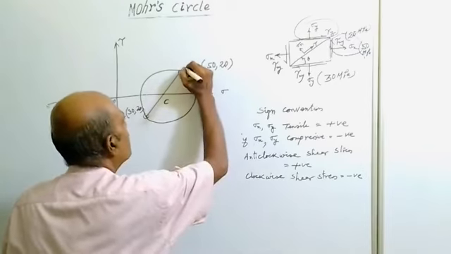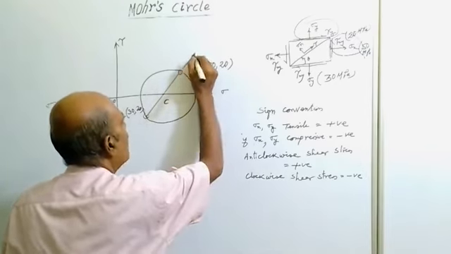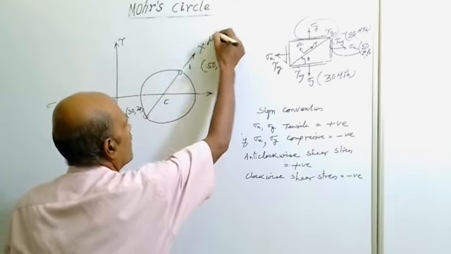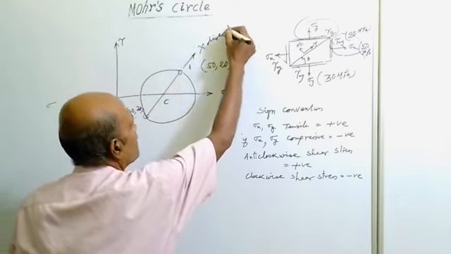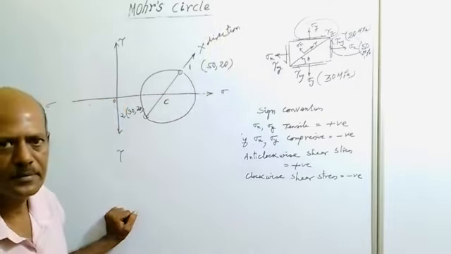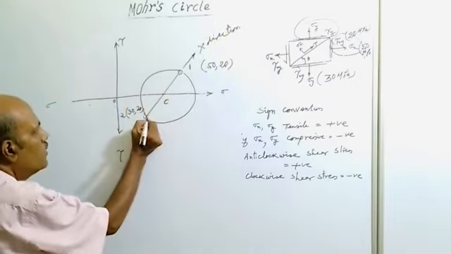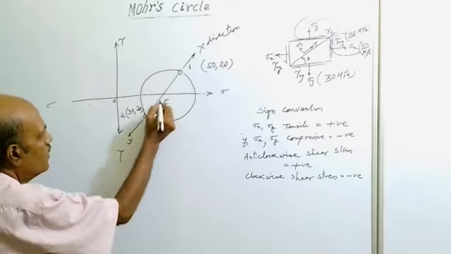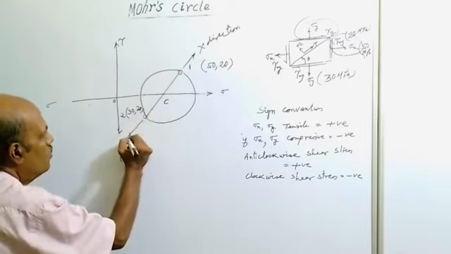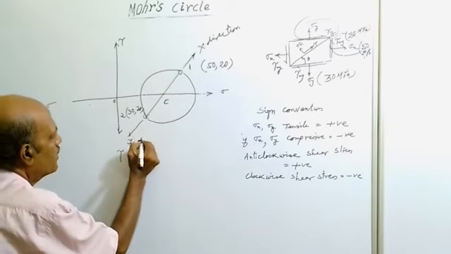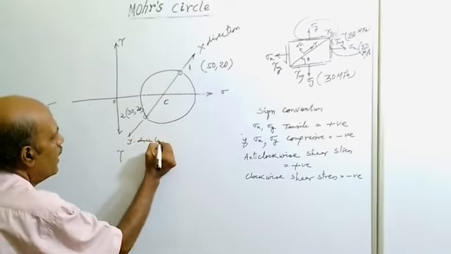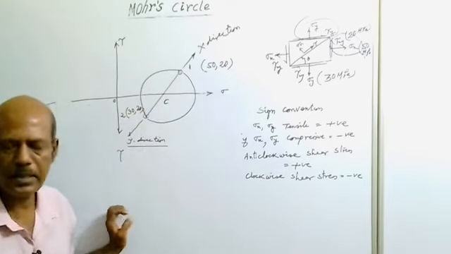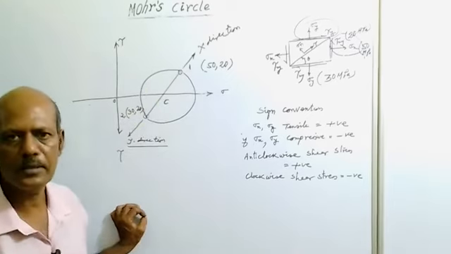So center to this direction is called x direction. And center to this direction, extended, is the y direction. We don't require this, we require x direction. We have got x direction.